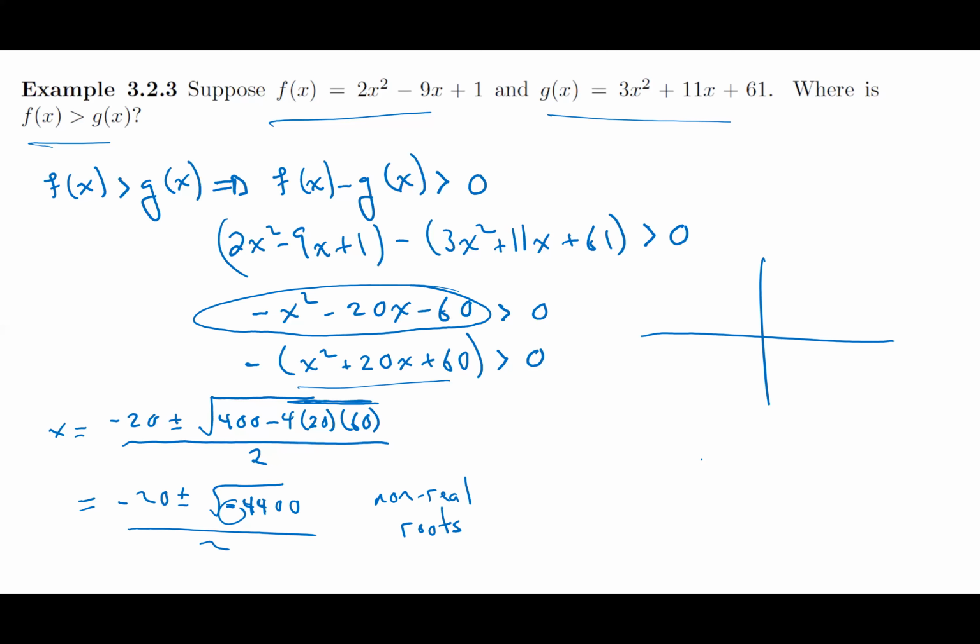Well, it must live down here somewhere. Who knows where? I mean, we could figure that out, but why? So is this thing ever greater than 0? No. There is no solution. Okay. All right.